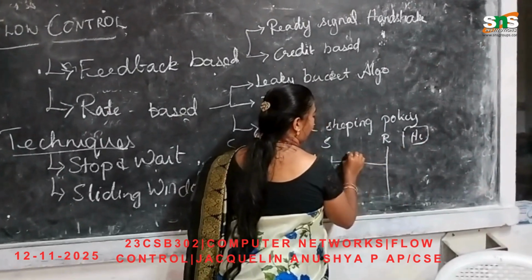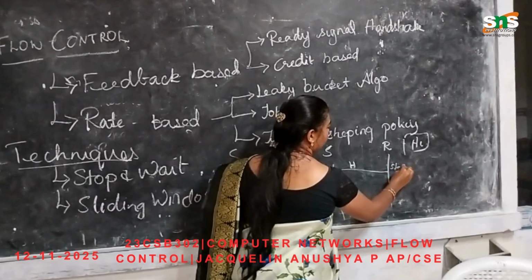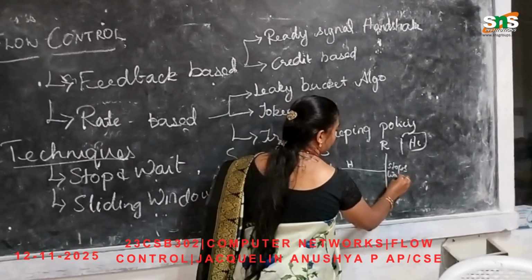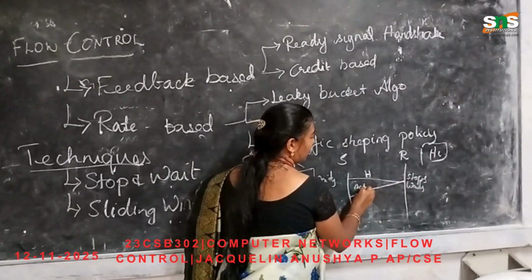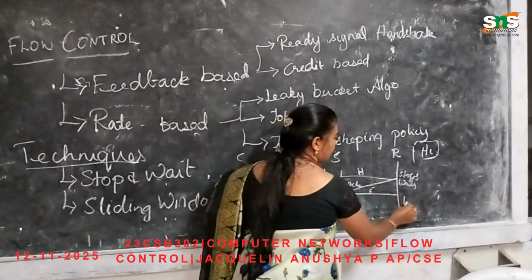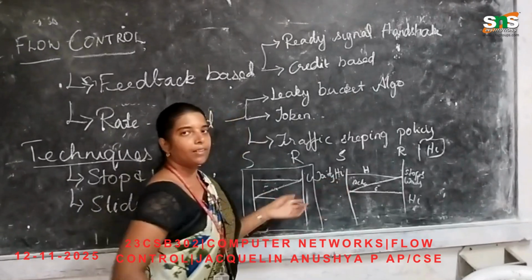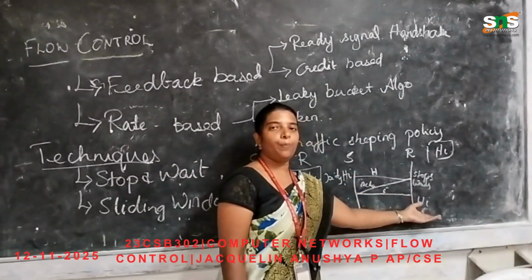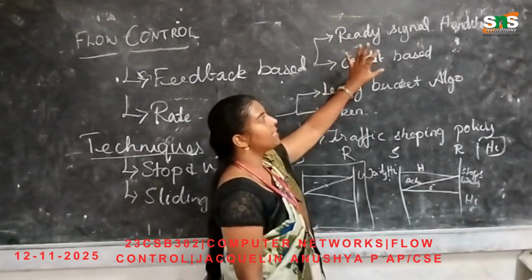First the data packet H is sent, it stops and waits, then it acknowledges the packet and then sends the next packet. So the data from the sender side reaches the receiver step by step by the ready signal handshake.